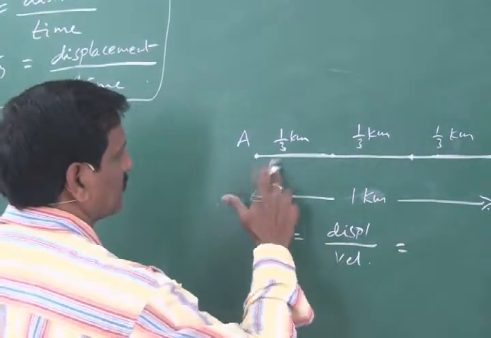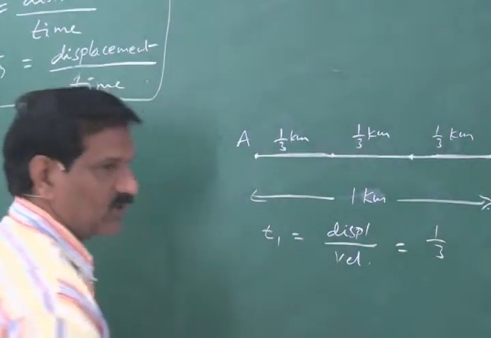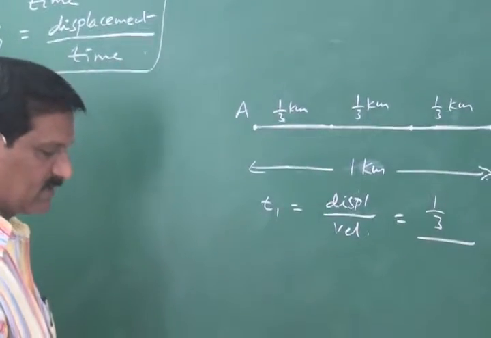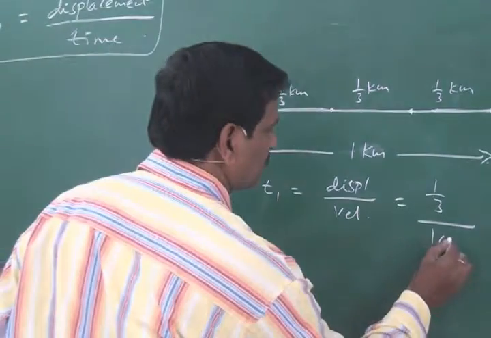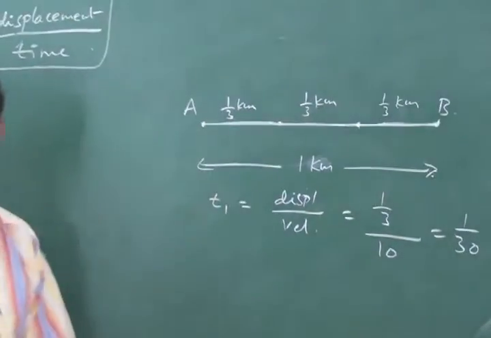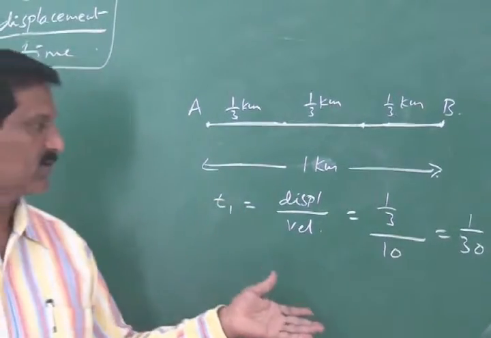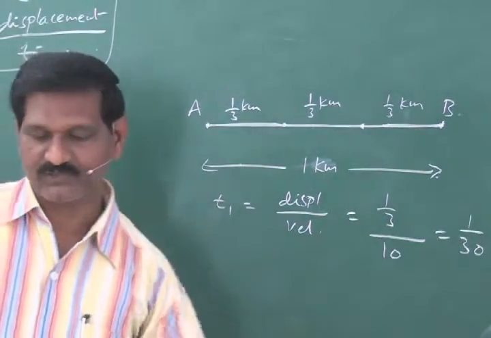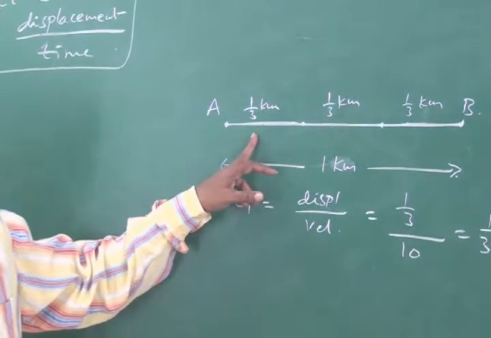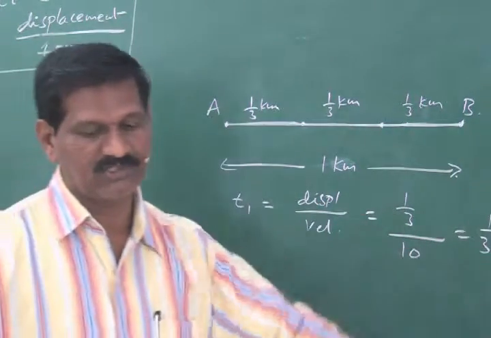Here displacement is 1/3 kilometer, and velocity in the first case is 10 kilometer per hour. So T1 is 1/30 hour, because velocity is in kilometer per hour, hence time is in hours. This is the time taken for the car to finish the first 1/3 distance.